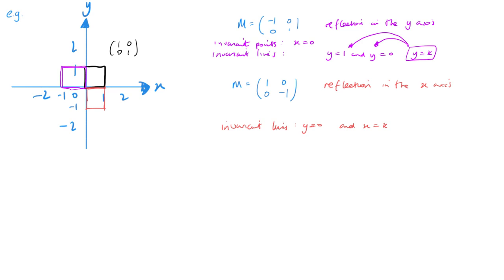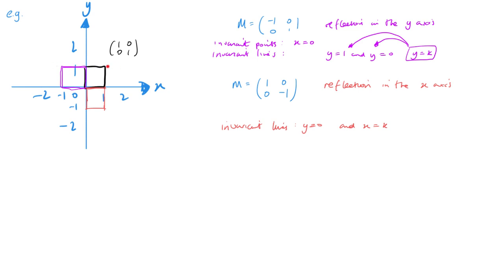What I've basically done is a slight error, and let me explain it to you here. An invariant point maps the point onto the same point. So all the points on x equals 0 map onto themselves. And then the lines y equals k, so y equals 1, maps the whole line onto itself.